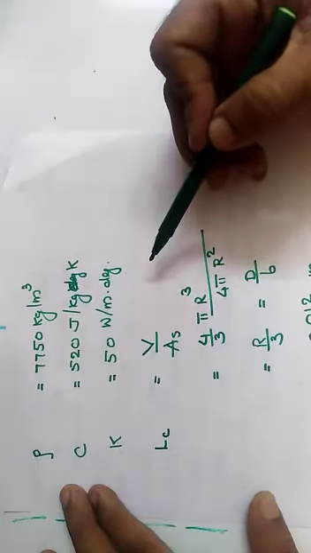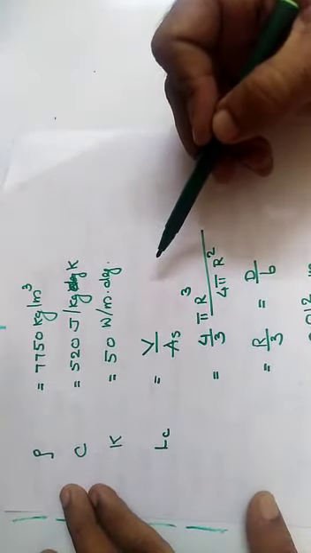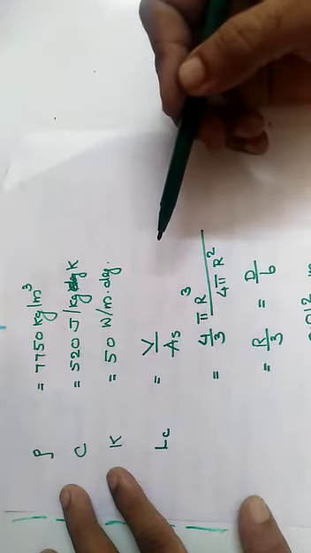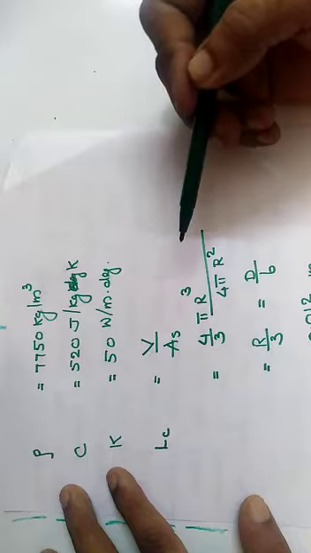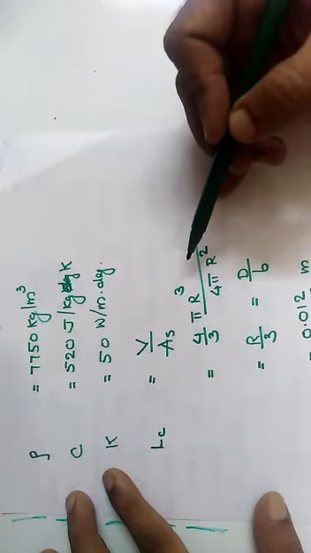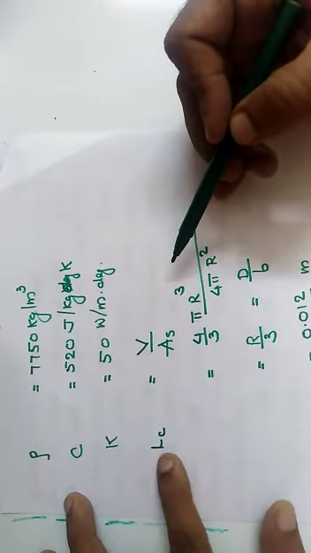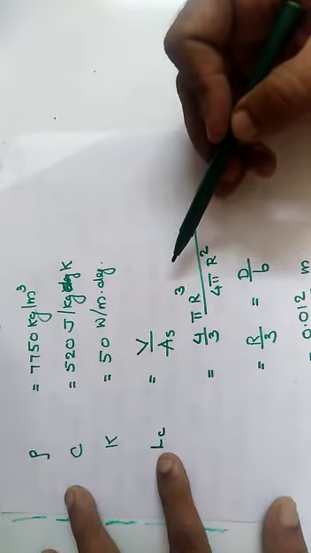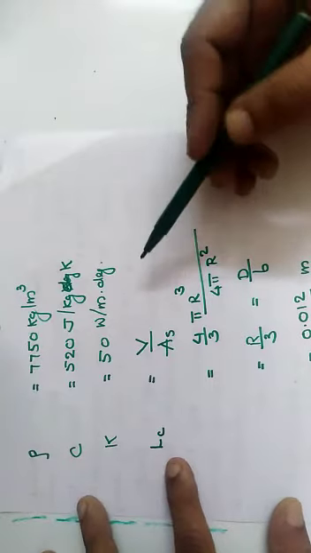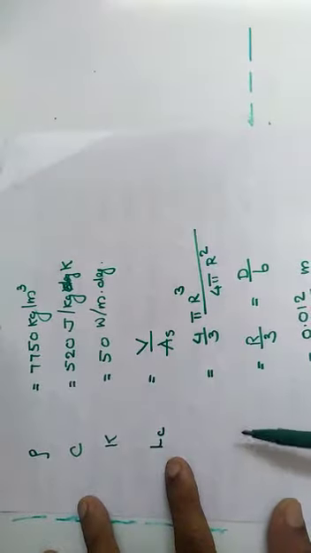Now, since we have to calculate the time required to bring down the temperature from 800 degrees Celsius to 100 degrees Celsius, first check whether the lumped system analysis is applicable or not. In order to check whether the system is lumped or not, first we have to calculate the characteristic length.